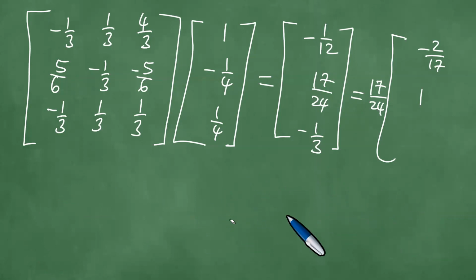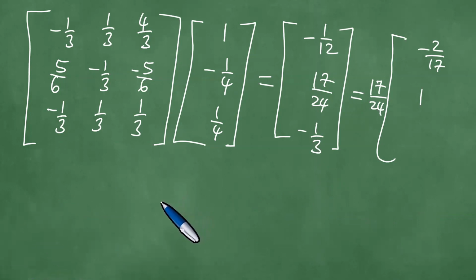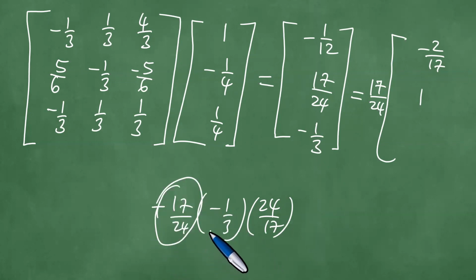So, okay, you pull out 17 out of 24 of this. But we wish that, when we multiply this minus 1/3 by 17 out of 24, then you have 24 out of 17. Right, so if you pull out the 17 out of 24, then you're going to have this minus 8 out of 17.